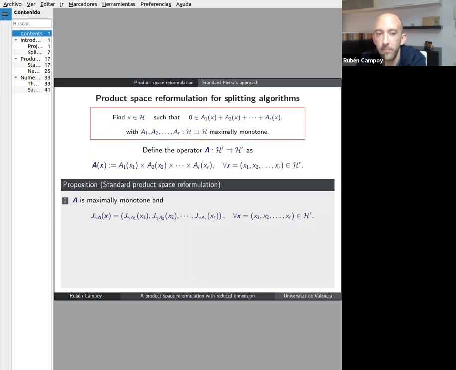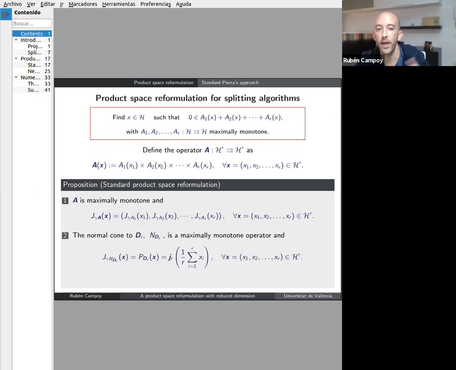And this is a maximally monotone operator whose resolvent can be computed component-wise. Now the other set in the feasibility problem case was the diagonal of the product space. Now, if we move to monotone operators, we consider the normal cone to the diagonal. This is a maximally monotone operator whose resolvent becomes the projection.